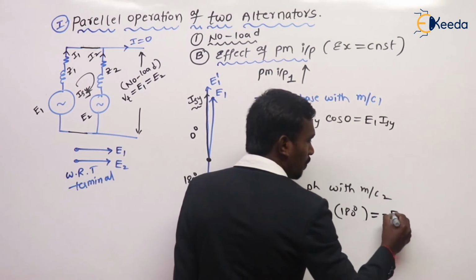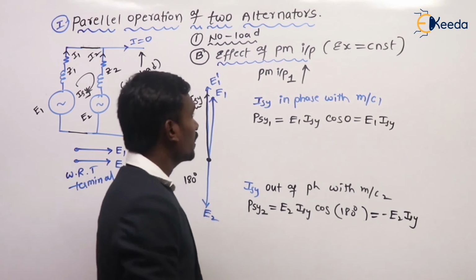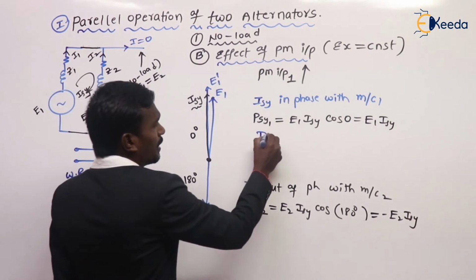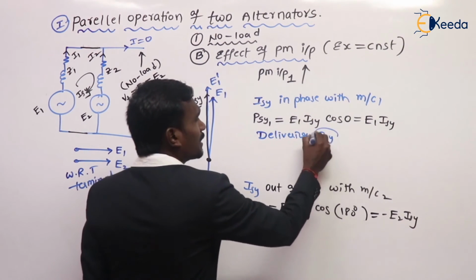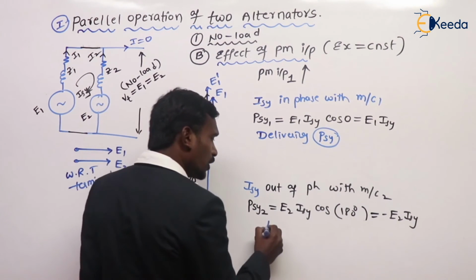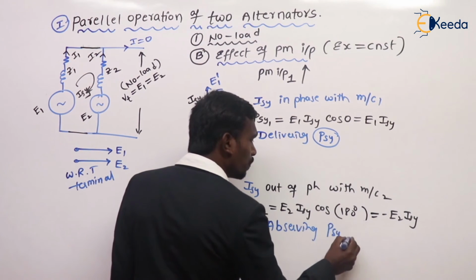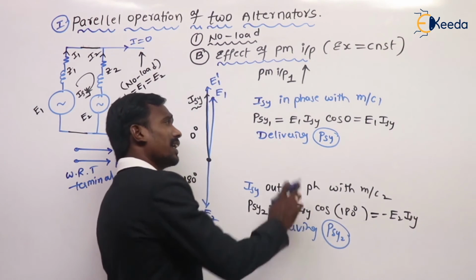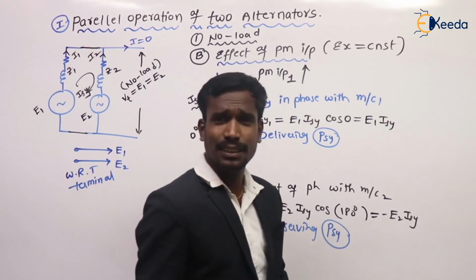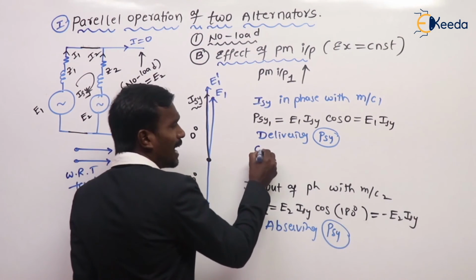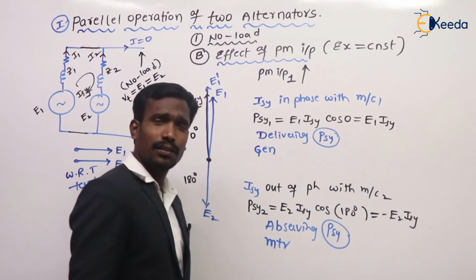So the answer is minus E2 ISY. Here machine 1 is delivering synchronizing active power, and machine 2 is absorbing synchronizing active power. Minus means machine 1 acts as a generator and machine 2 acts as a motor.